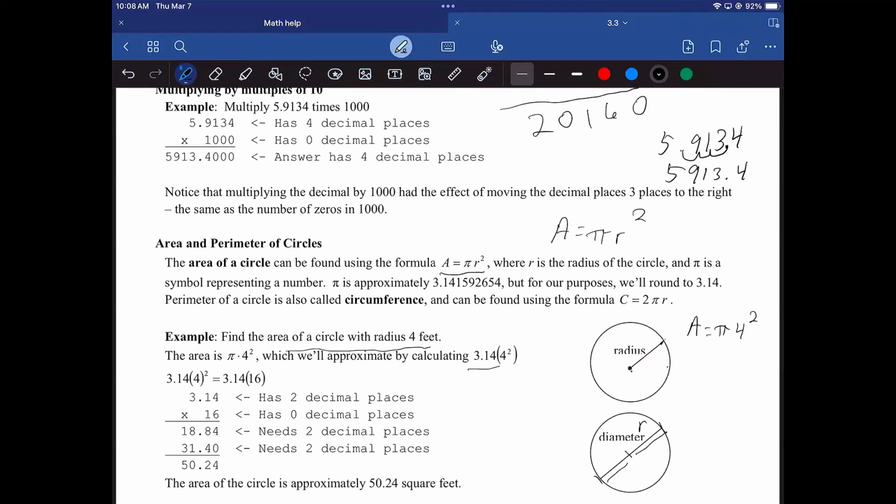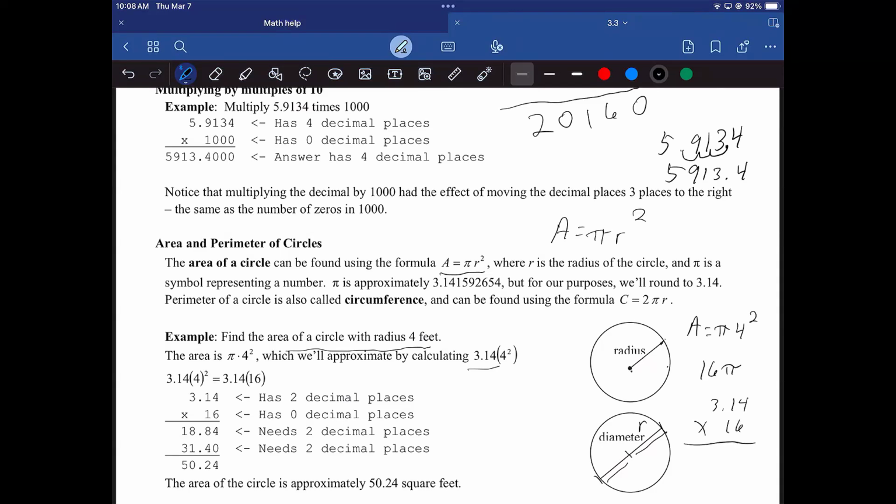When we do that, we'll get 16 times pi. Now, if I do large numbers, I'm going to use the pi key on my calculator. But for 16, it's a small enough number. 3.14 will give me an approximation. So I can say 3.14 times 16.